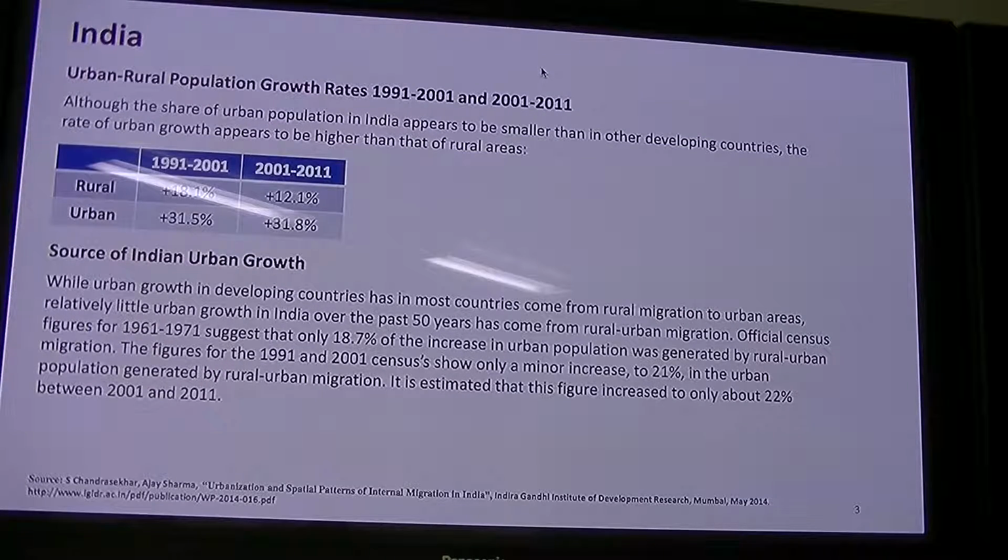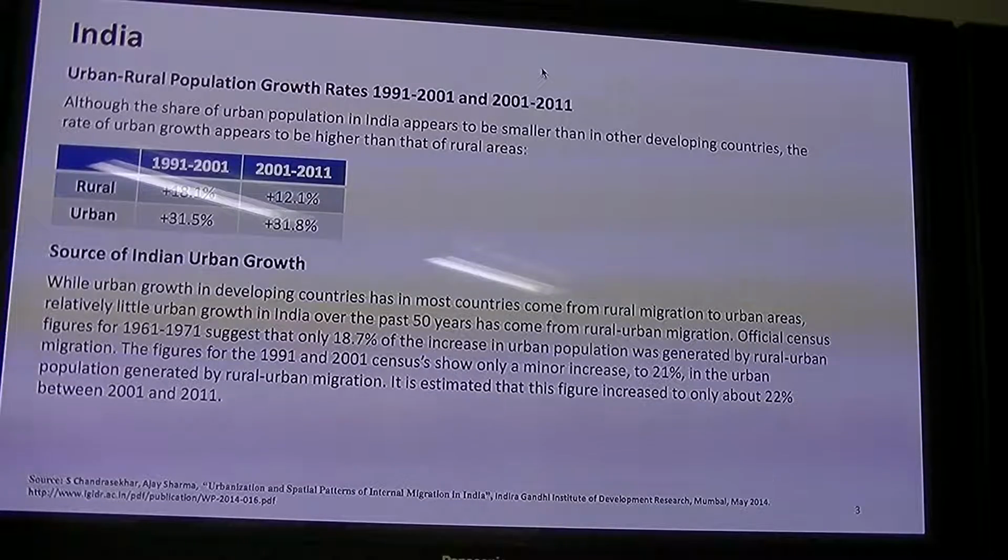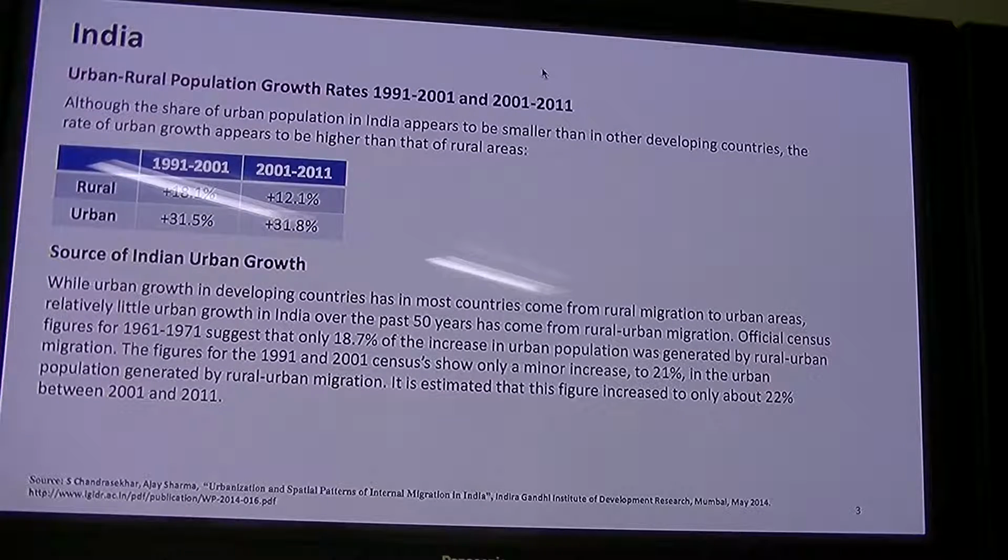Now, another thing that's very interesting about India, at least until very recently, is that there is relatively little rural to urban migration. One of the problems is that India has what's called the caste system.